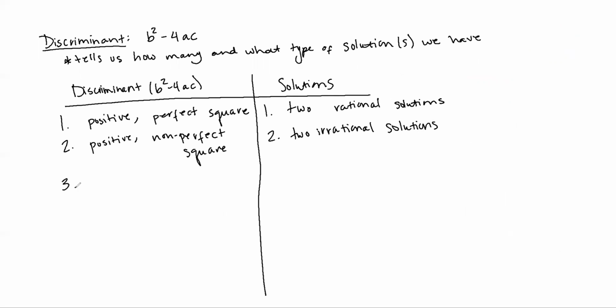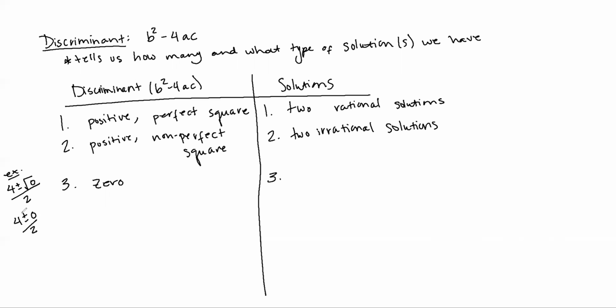Number 3 is if our discriminant is 0. Now, this is the one that we did not see, so let me just write out a quick little example here. Let's say we had 4 plus or minus the square root of 0 over 2. The square root of 0 is 0, so this is the same thing as 4 plus or minus 0 over 2.